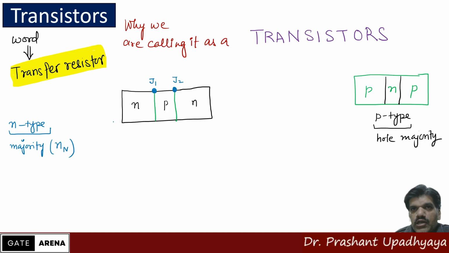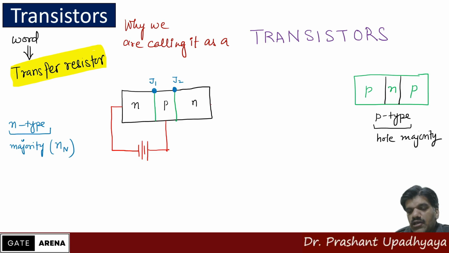If I have to make this N type forward biased, I have to connect it with the negative terminal of the battery. This will make my junction J1 forward biased. So this is my forward junction.